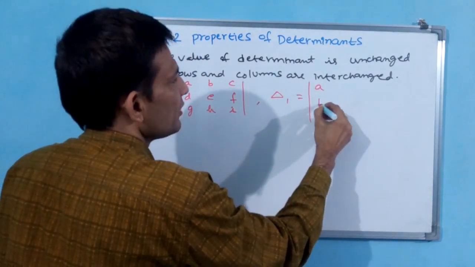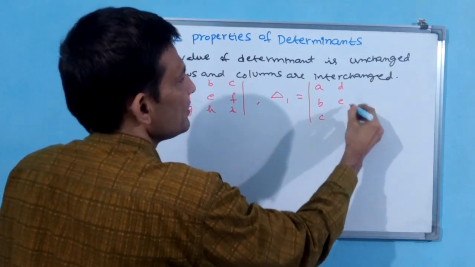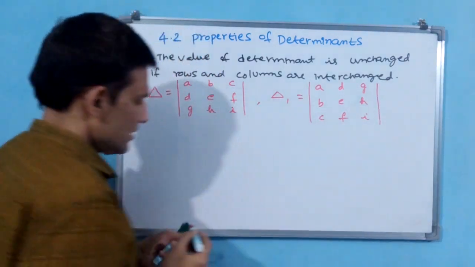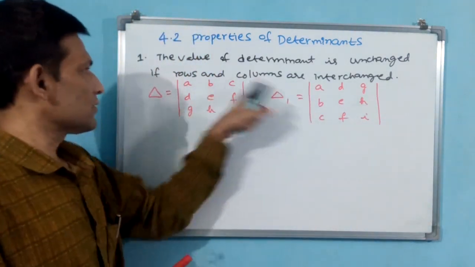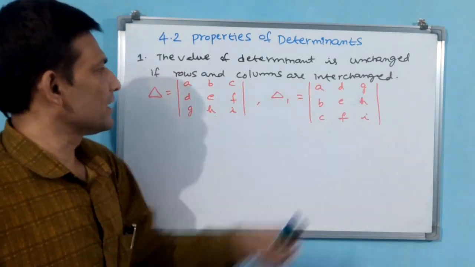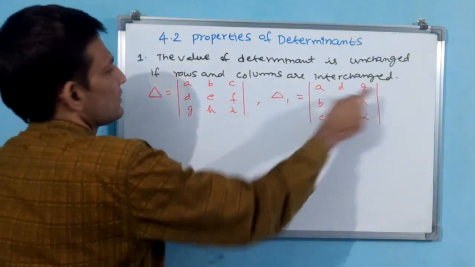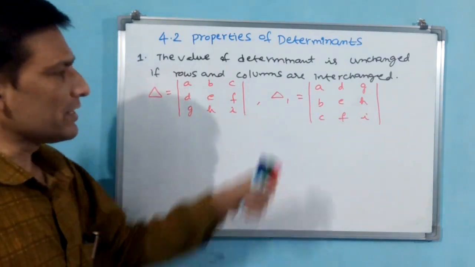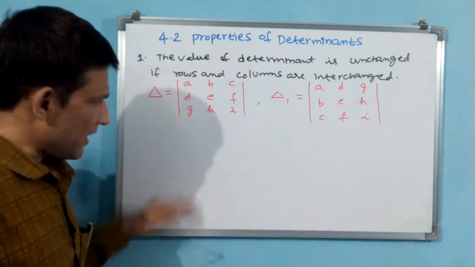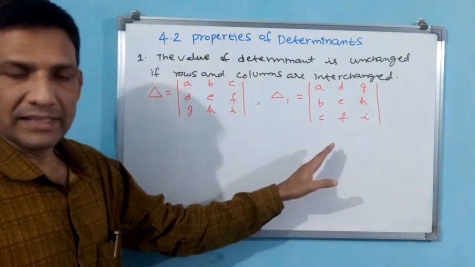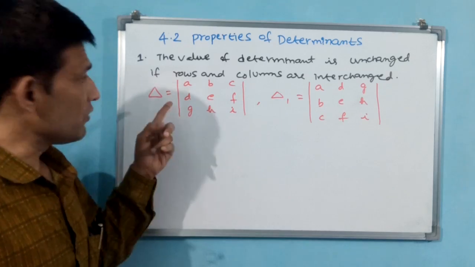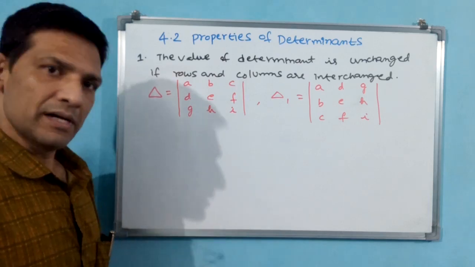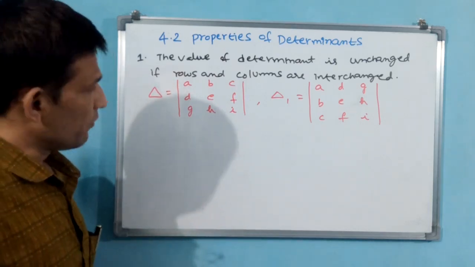That means A, B, C, D, E, F, G, H, I. Now you see, rows have become columns. So first row, first column, second row, second column, third row, third column. First column, first row, second column, second row, third column, third row. Rows have become columns. Now we will find both delta and delta 1. Both should come same. Then we can say this has been proved. Why? Because here we have not taken any numbers. That is why we can say it has been proved.